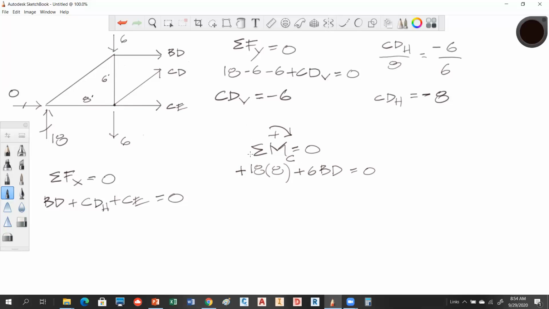So if we have 8 times 18, that's a positive 144. It's going to come over as a negative 144. So this is going to yield for me BD is going to be equal to negative 144 divided by 6. Okay, so when we have that negative divided by a positive, what does that tell us?